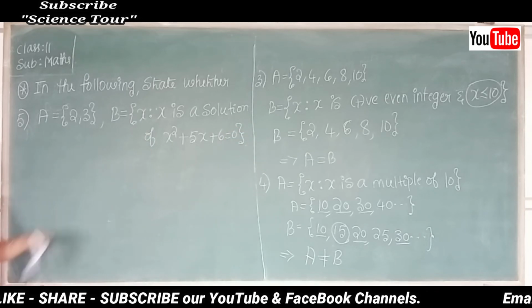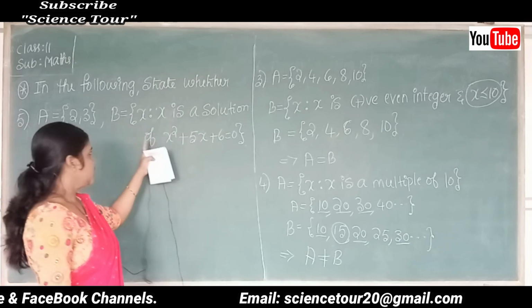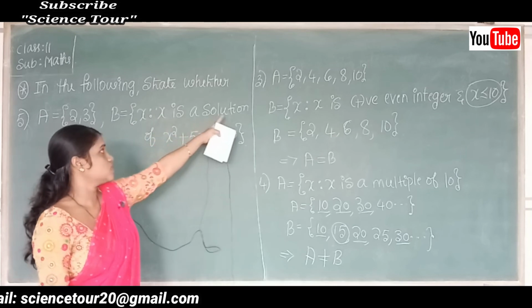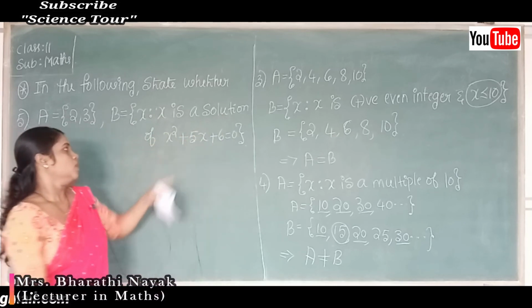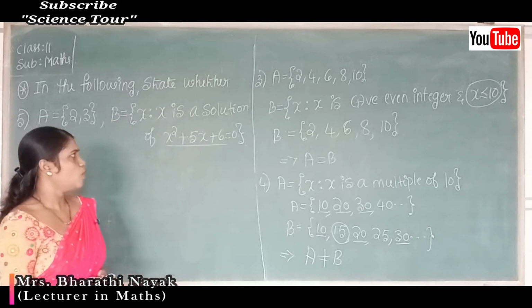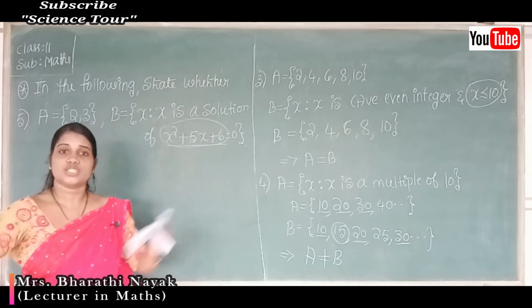What to do? Set A is given 2, 3. But set B is nothing but set of all x such that x is a solution of one quadratic equation they have given. Okay. So now first I'll simplify this quadratic equation and I will find the solution.